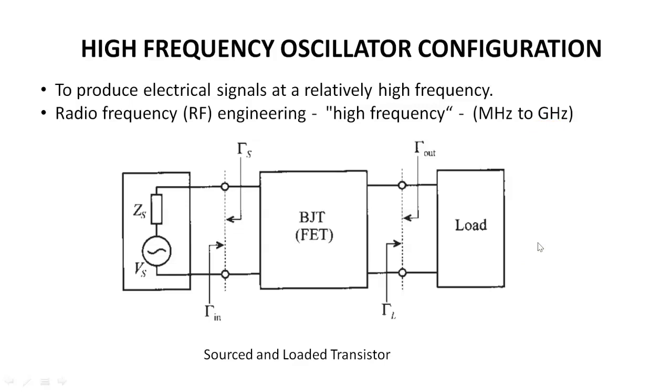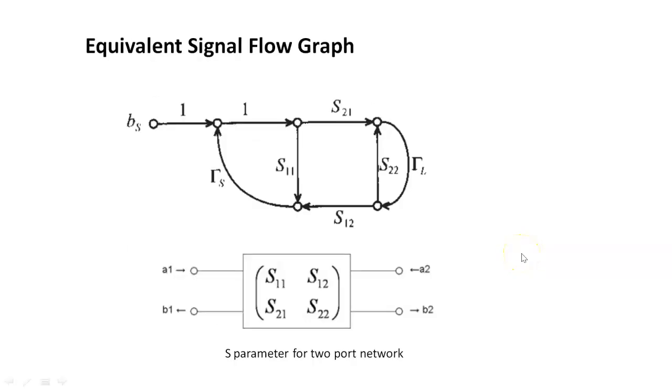This requires re-examining some equations from a transmission line point of view. Toward expressing the loop gain in terms of transmission line principles, we recall the signal flow graph representation. The figure shows the signal flow graph representation of the high frequency oscillator shown in the figure.